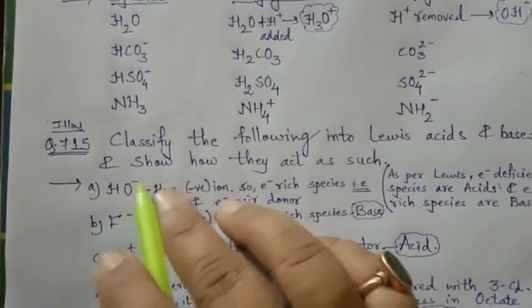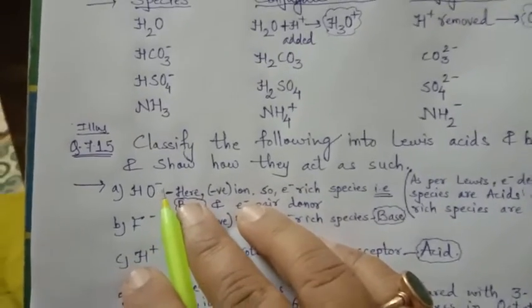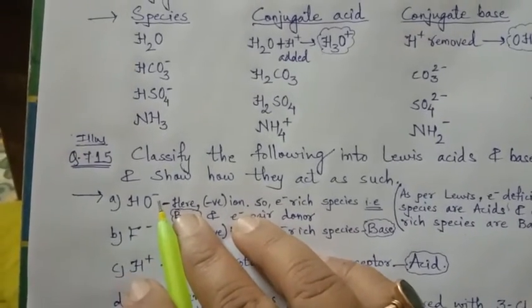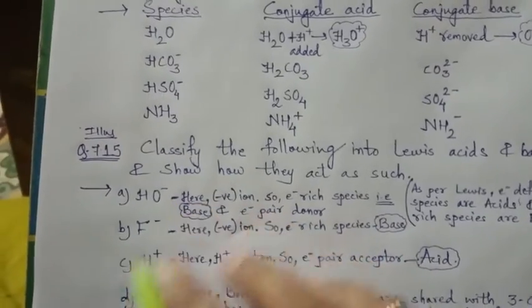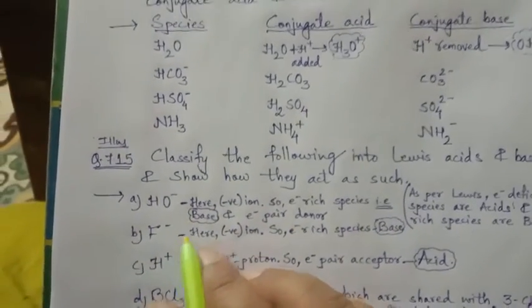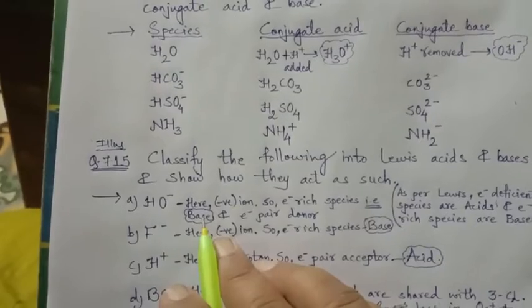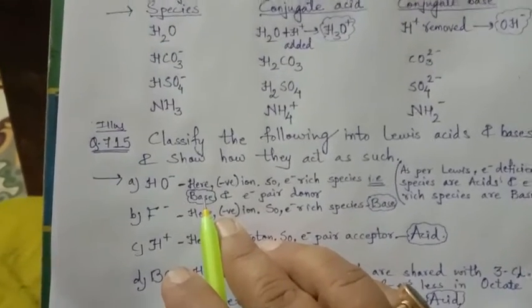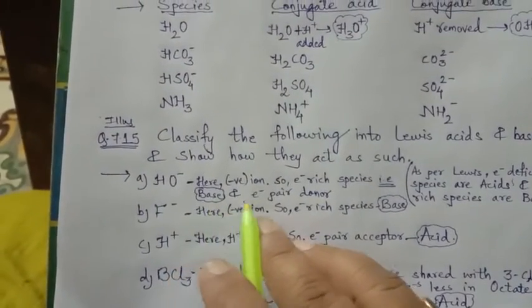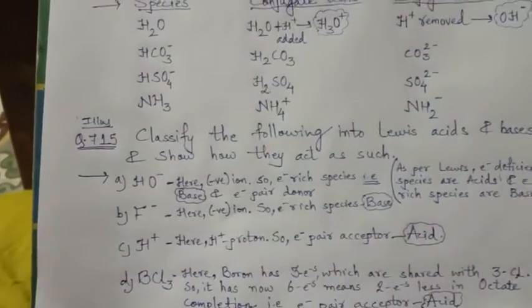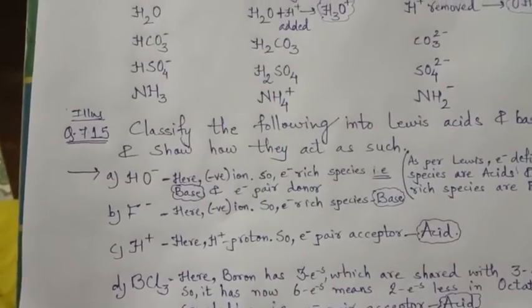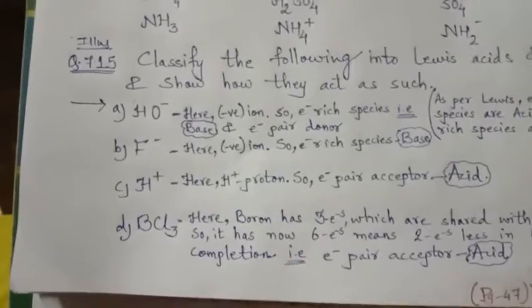Here a negative charge is already given. Negative charge means it is an electron rich species, an electron pair donor, and that is why it is considered a base.